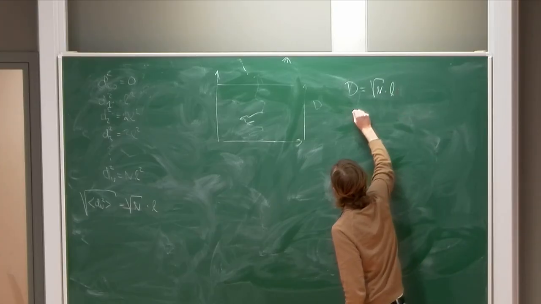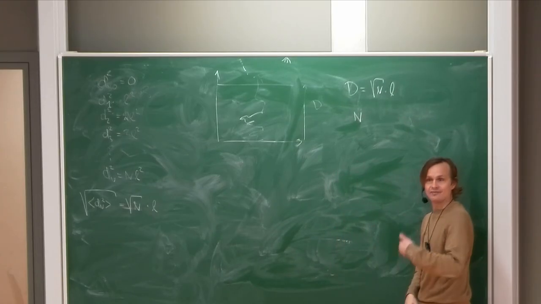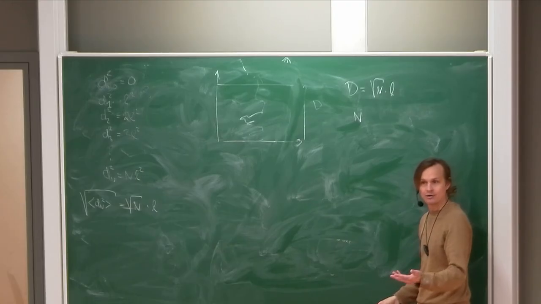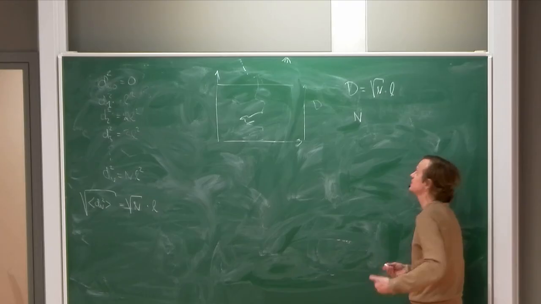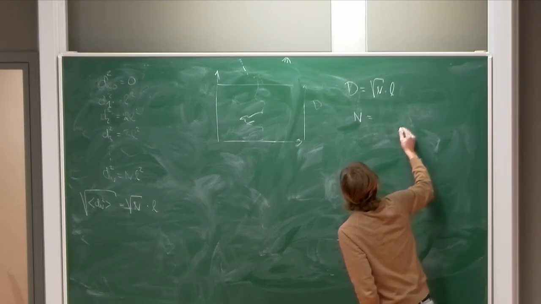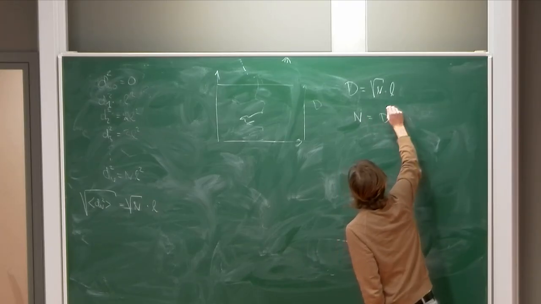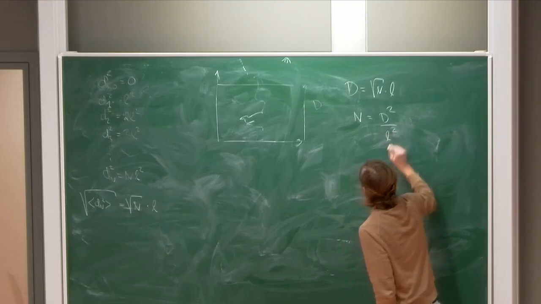Now, another way to say this is that if we have n number of scatterings, absorption, re-emissions, that's going to be d squared divided by L squared.